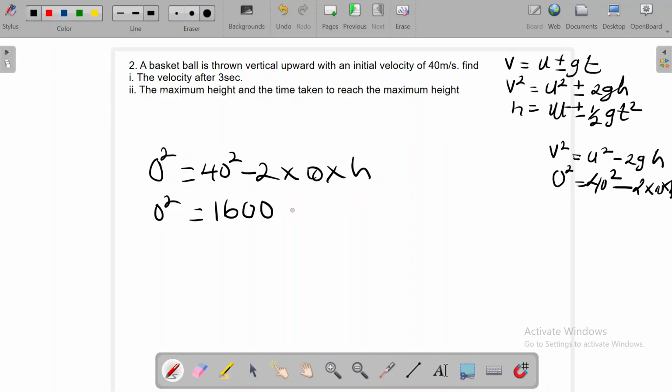0 square is 1600. You can punch this on your calculator, minus 20h.